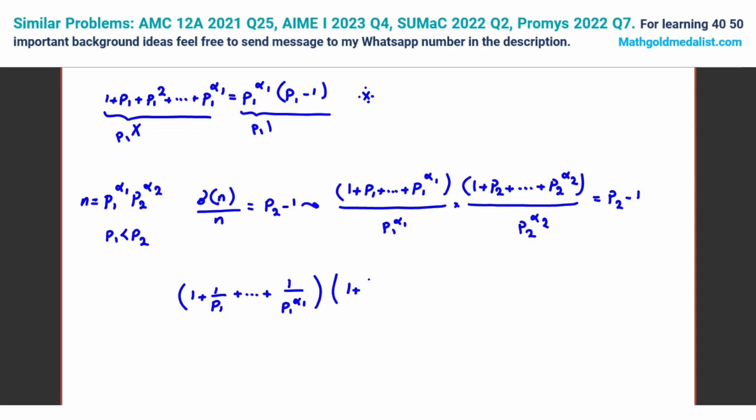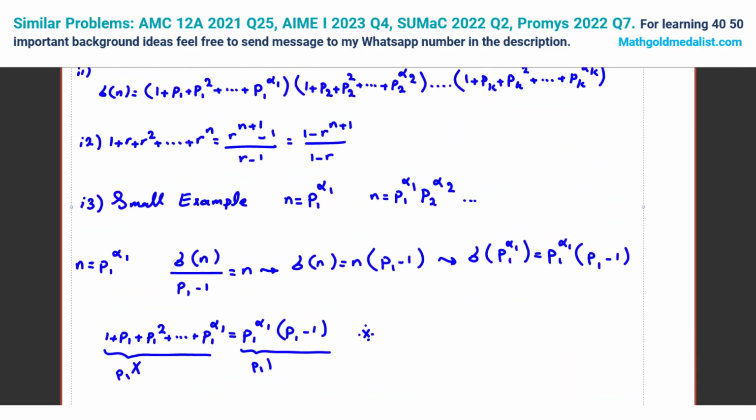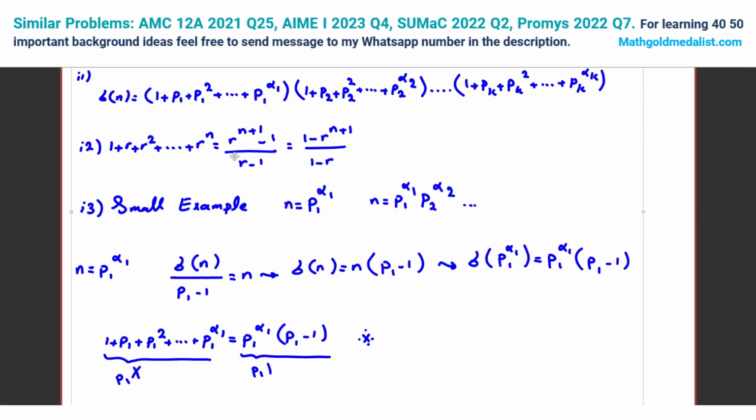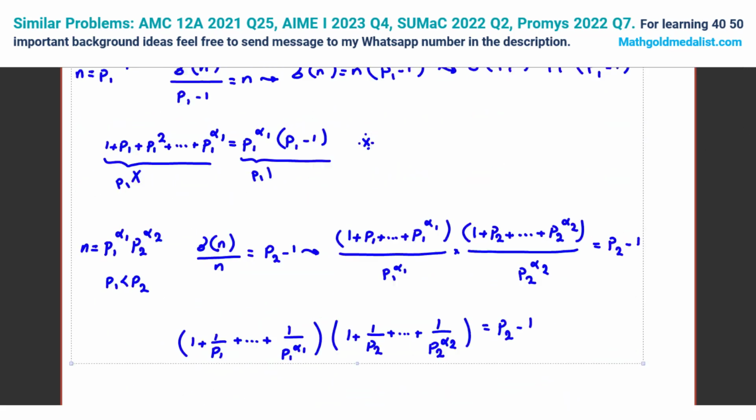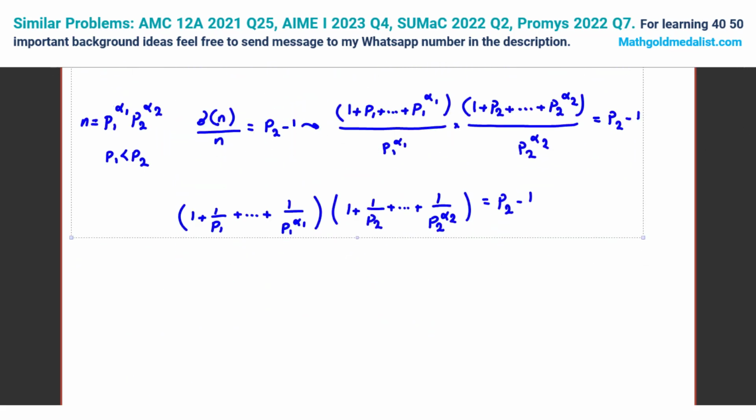And the next one is 1 plus 1 over p2 up to 1 over p2 to the alpha 2, equal to p2 minus 1. Now, we should use identity 2, this one. If you apply that, the first bracket is what?